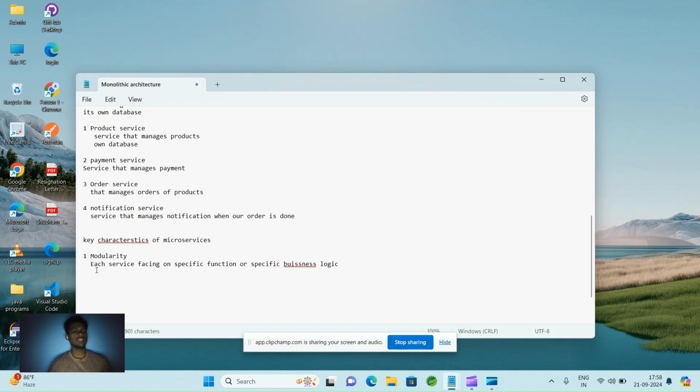Like the product service is based on a specific function like a product, or payment. So each service is specific to a specific function.